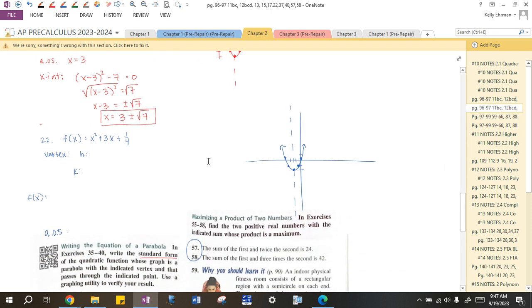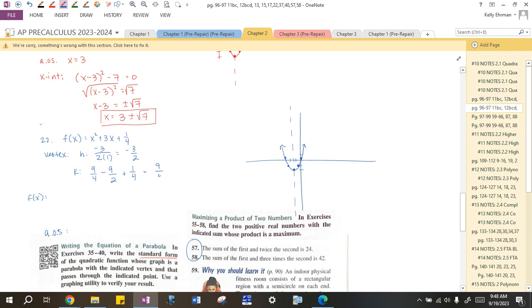For 22, I'll do the vertex formula again. So h is going to be opposite of b, negative 3, over 2 times a, which is 1. So we're going to get a fraction here. We just have to be careful on our math. So we're squaring negative 3 over 2. That's 9 over 4. 3 times negative 3 over 2 is minus 9 over 2, plus 1 over 4.